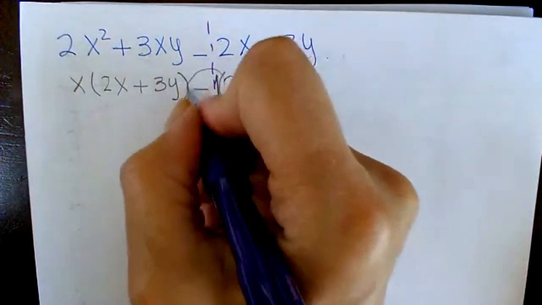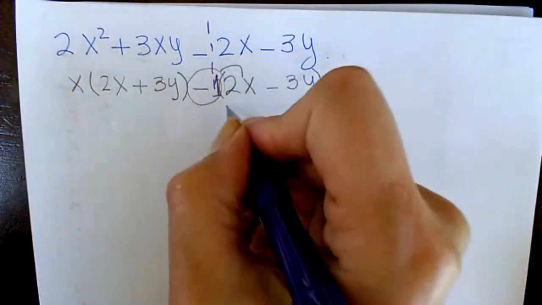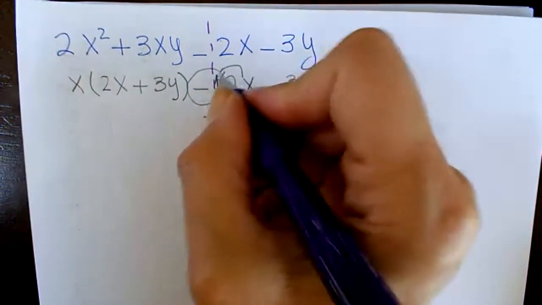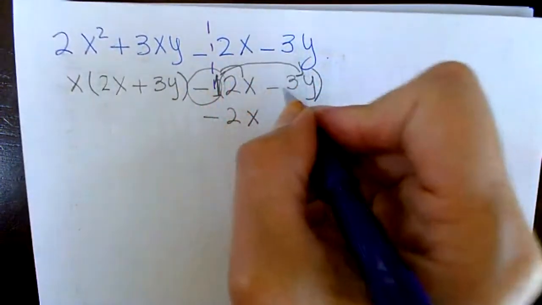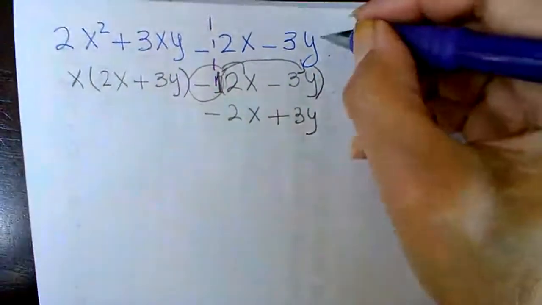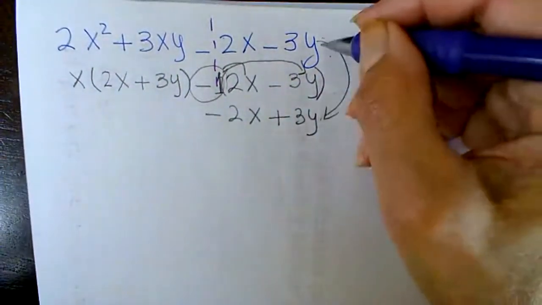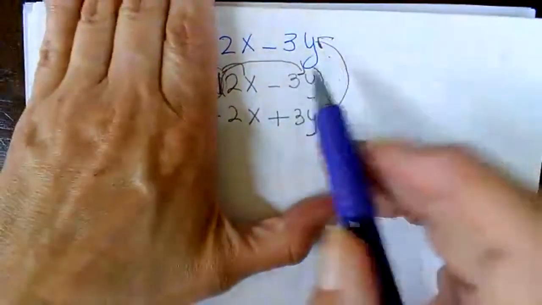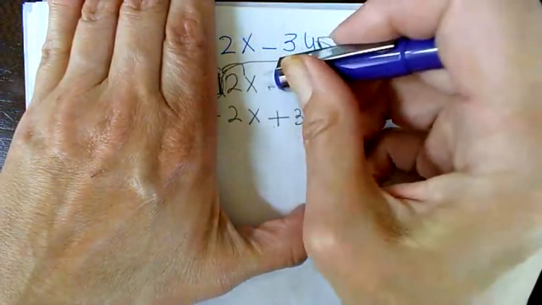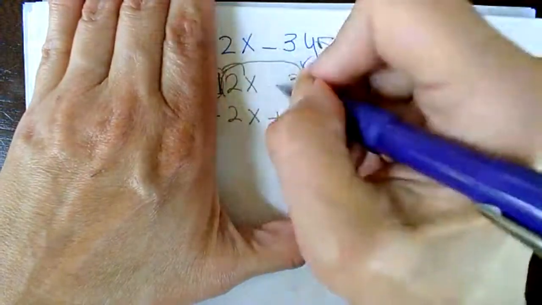When I multiply this one times this one, what do I get? Negative 2x. And when I multiply negative 1 times negative 3y, I get a positive 3y. Are they the same? Is this part the same as this one? No, right? So then I know this term needs to be positive.